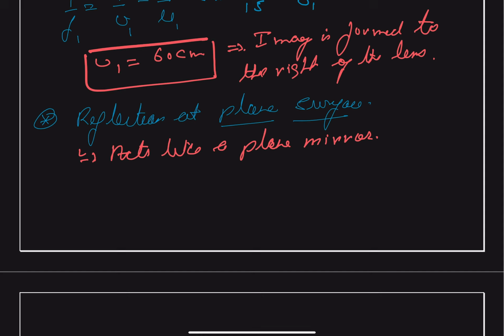And the plane mirror has a property that the distance with respect to the plane mirror of the object as well as the image is same. Like in this case, the image is at a distance of 60 from the plane mirror. So therefore, the object will also be at a distance of 60 centimeter from the lens.